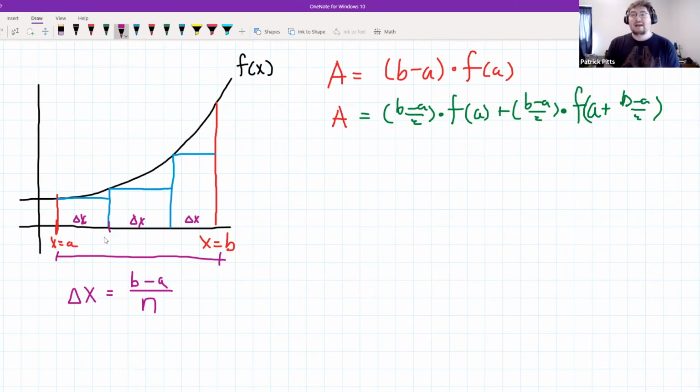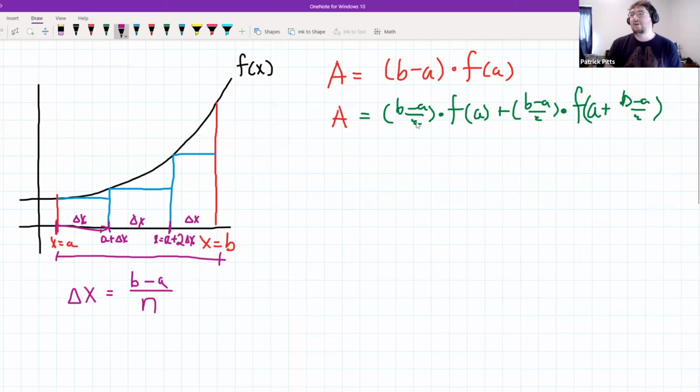This is a plus delta x. Start at a, go forward delta x, I land at a plus delta x. Over here, next point over, that's going to be x equals a plus 2 delta x. Easy. It really is a little bit easier.